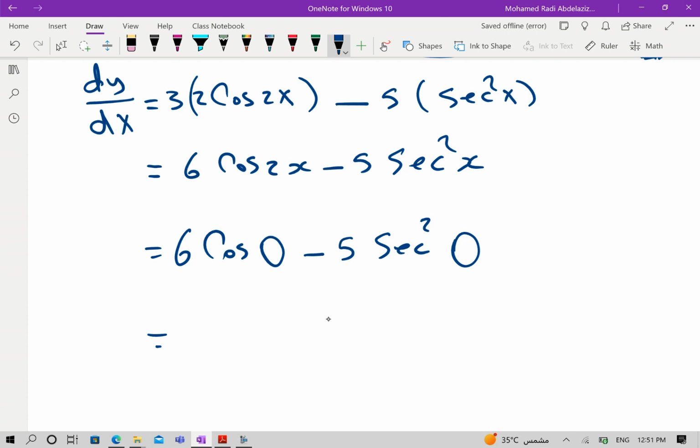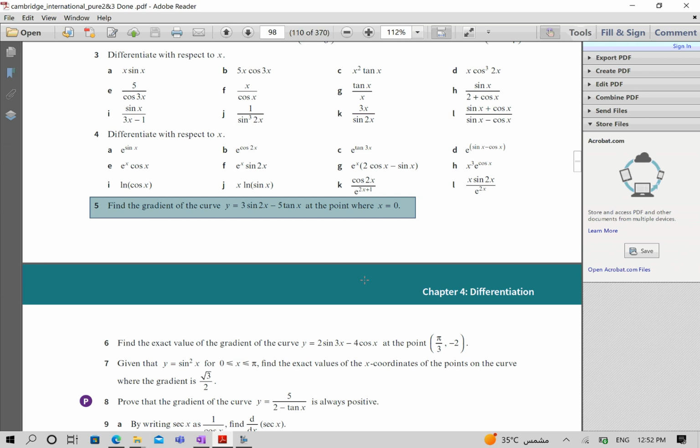So 6 times 1 will be 6. Minus, how to get sec squared? Sec is the reciprocal of cosine. You will get it also 1. So the final answer is equal to 1.